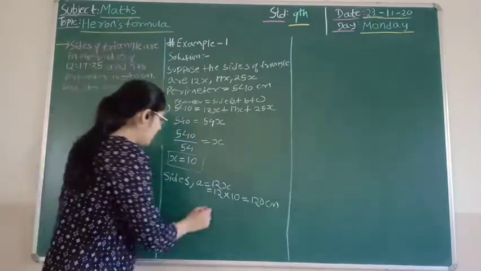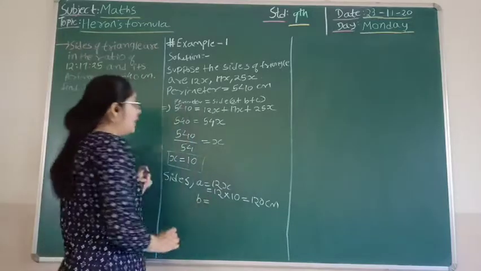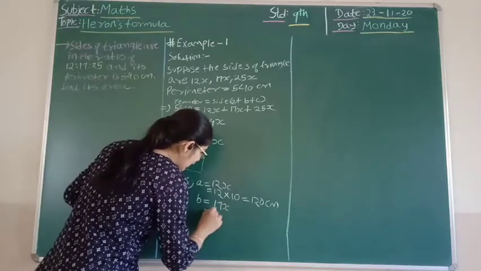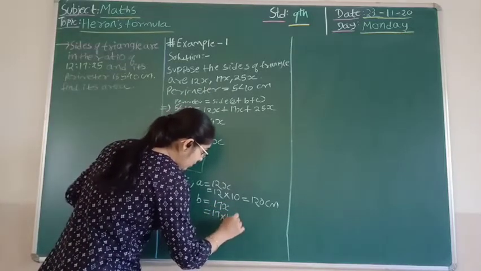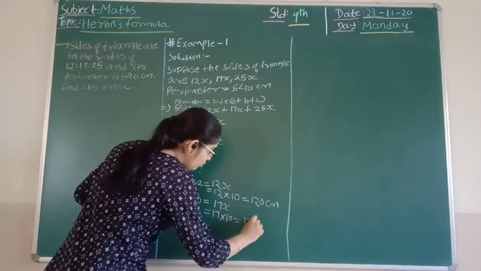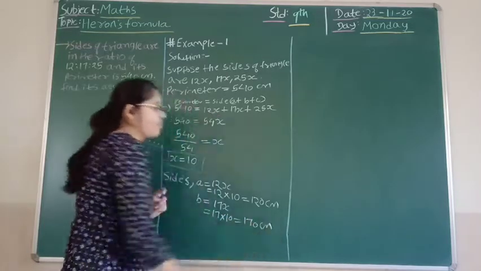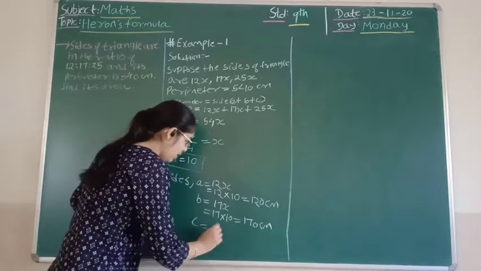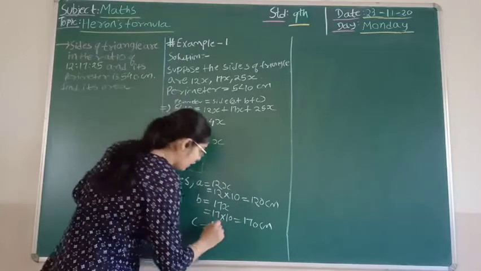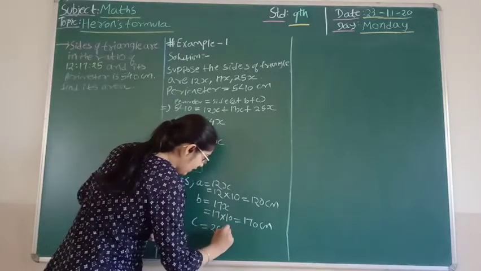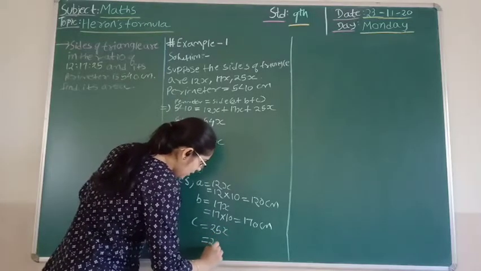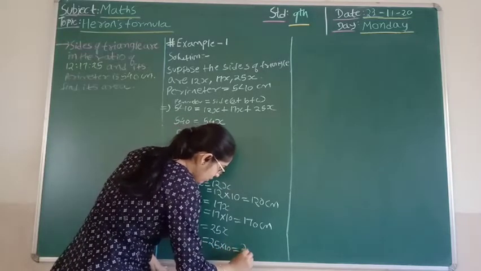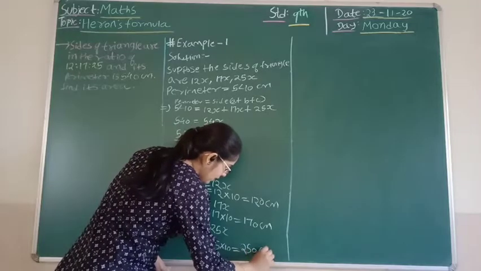Similarly for B, it is 17x, which is 17 into 10, equal to 170 centimeter. And for C, it is 25x, that is 25 multiplied by 10, which is equal to 250 centimeter.